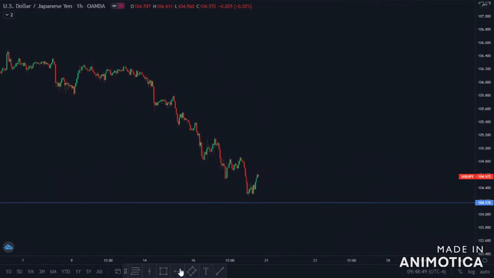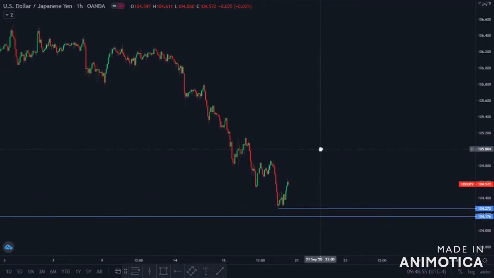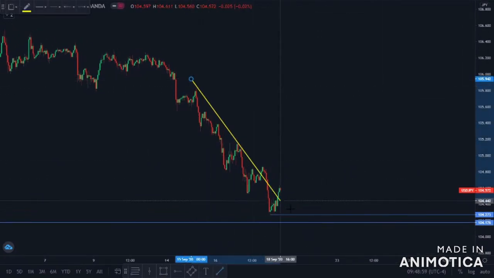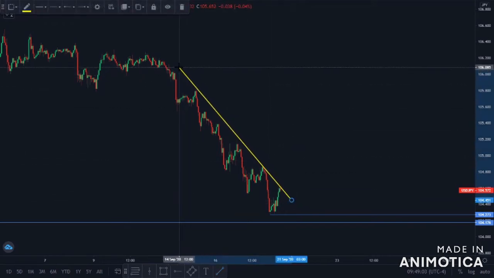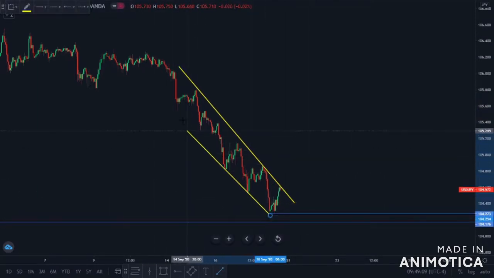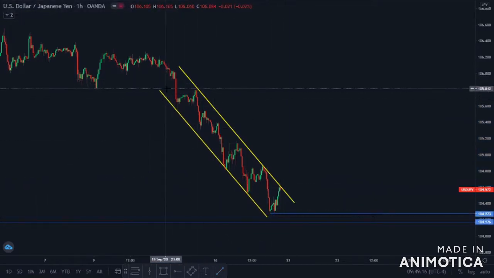Okay, and if you were to draw another one, we have that possibility as well. Okay, so now we can see that price is currently sitting in the trend line right there. If you were to draw one on the outside, we have that line right there.